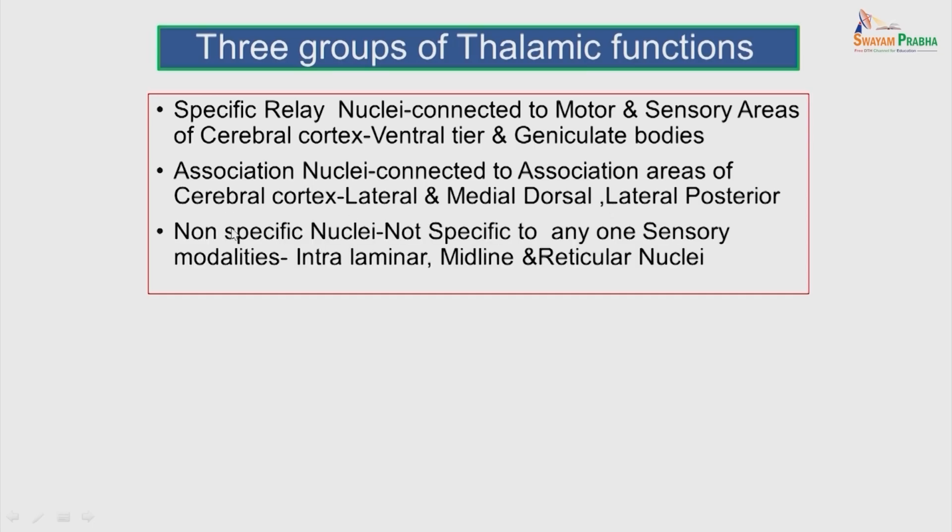Then we have the non-specific nuclei, not specific to any sensory modality, where almost all sensory modalities are involved, like the intralaminar, the midline nucleus and the reticular nucleus. So, on the whole, the thalamic nuclei can be classified as specific relay nuclei, association nuclei and non-specific nuclei.